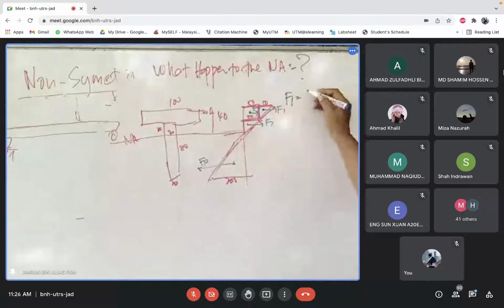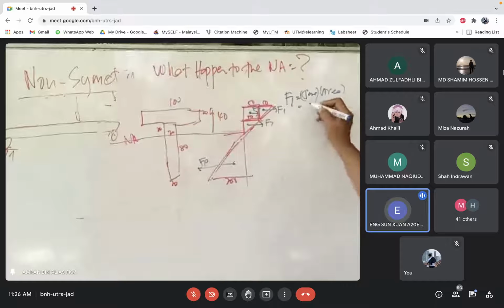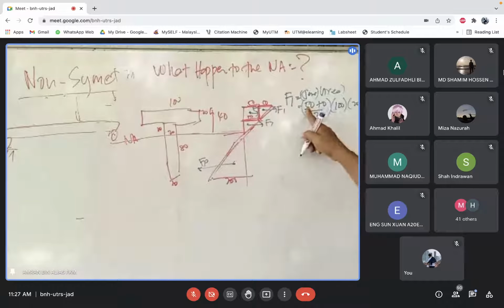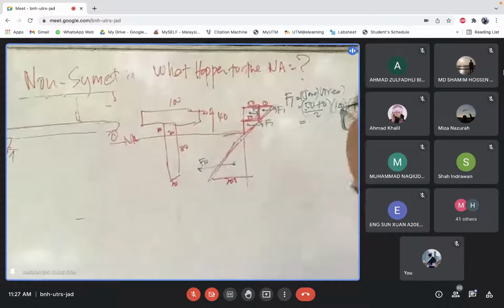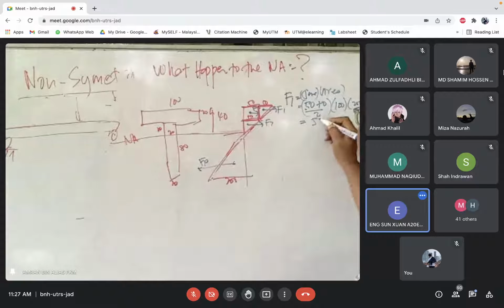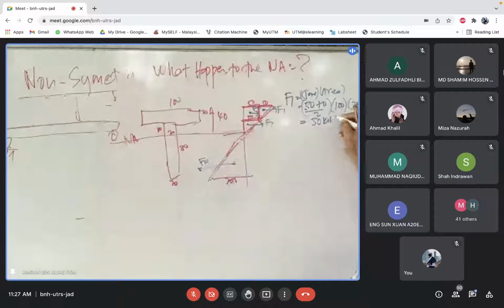What is F1 there? Sigma average times area. What do we have there? Quick. 50 plus 0 over 2. What's the area? 100 times 20. Mega, milli, cancel out. So what's the value of F1 then? 50 kilonewton.